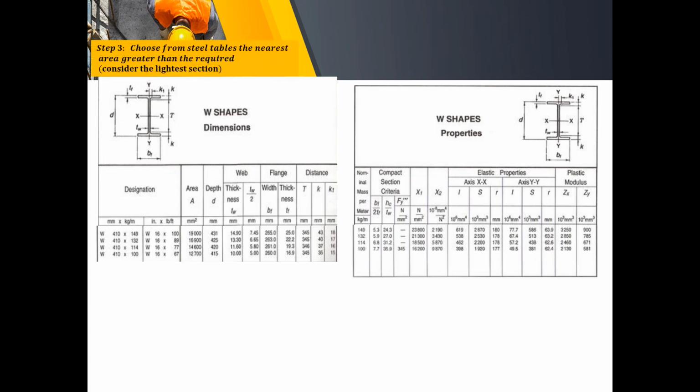So in here, of course, W410 by 149 will have an area that is larger than 17,000 plus. If you notice, we have here an area of 19,000. So we just get those data with the radius of gyration along the x and y axis.